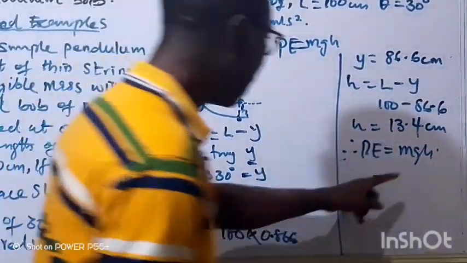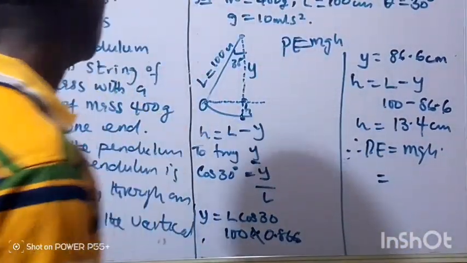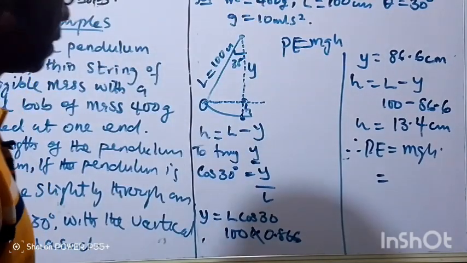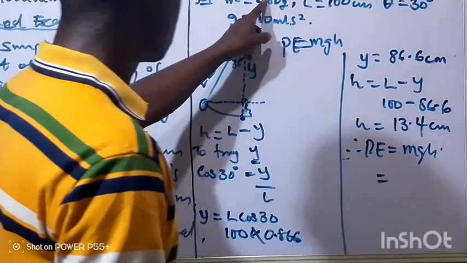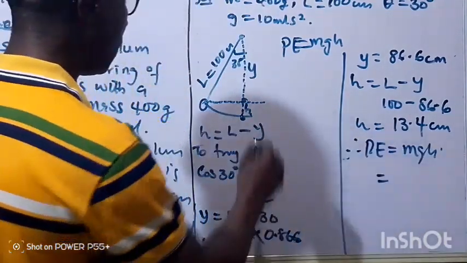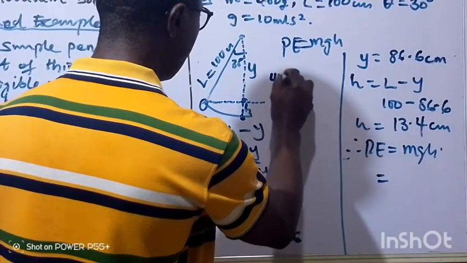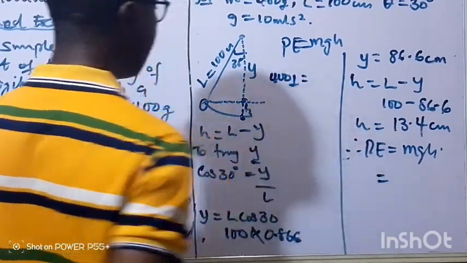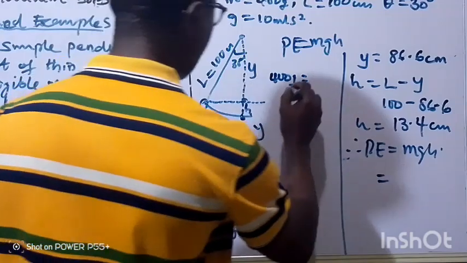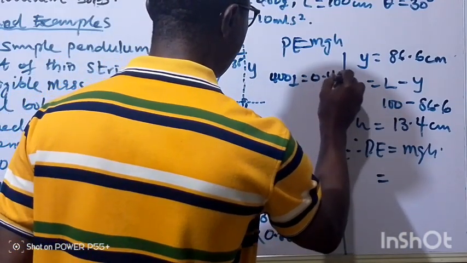Our mass is also given in grams, so we need to convert this too. So 400 grams divided by 1000 will be 0.4 kg.